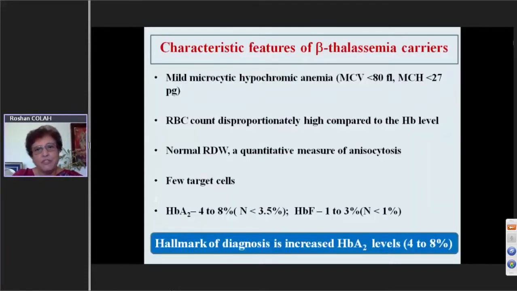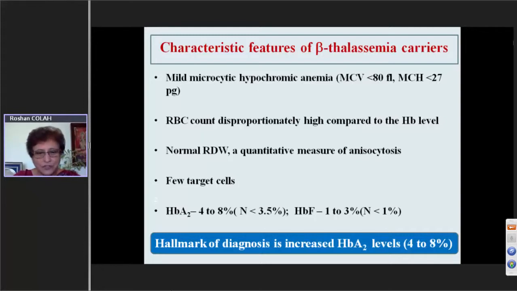So here we have the characteristic features of beta thalassemia carriers: mild microcytic hyperchromic anemia, the MCV is less than 80, MCH less than 27, and the RBC count is usually high compared to the hemoglobin level. RDW is normal, and you may see a few target cells in the peripheral smear. The A2 levels, as I said, generally vary between 4 and 8%.